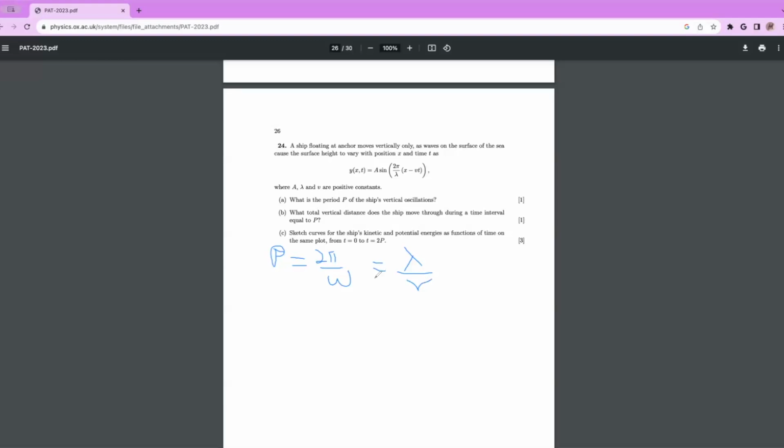What total vertical distance does the ship move through a time interval equal to P? Hmm. What if you just hold constant?